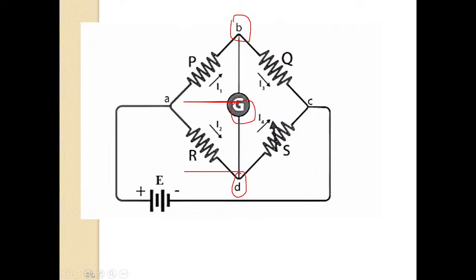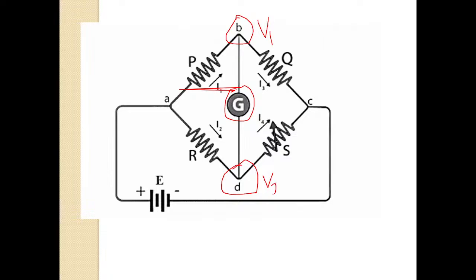Now for the current to flow in this galvanometer, it will depend on the potential difference between point B and point D. Potential difference means the voltage difference between point B and point D. Suppose voltage at B is V1 and voltage at D is V2.